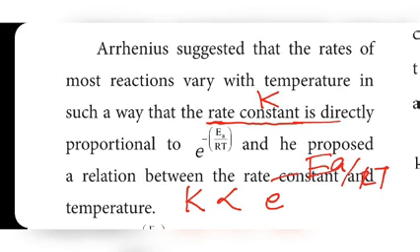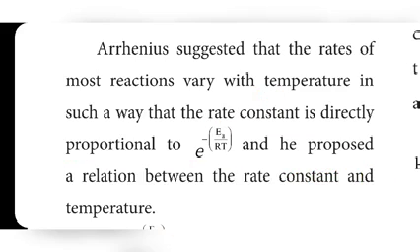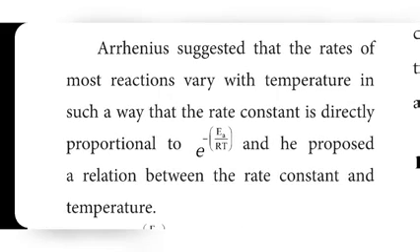Rate constant is directly proportional to e power minus EA by RT. So Arrhenius suggests that most reactions vary with temperature in such a way that the rate constant is directly proportional to e power minus EA by RT. He proposed a relation between rate constant and temperature.